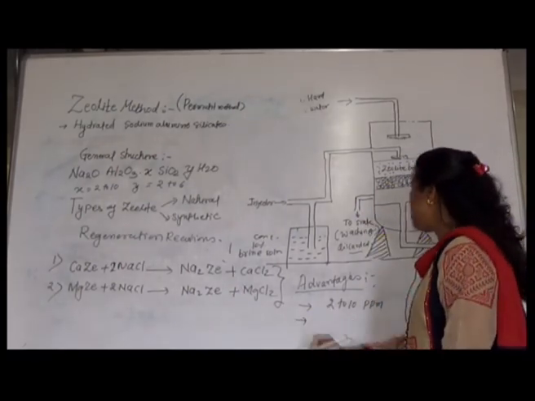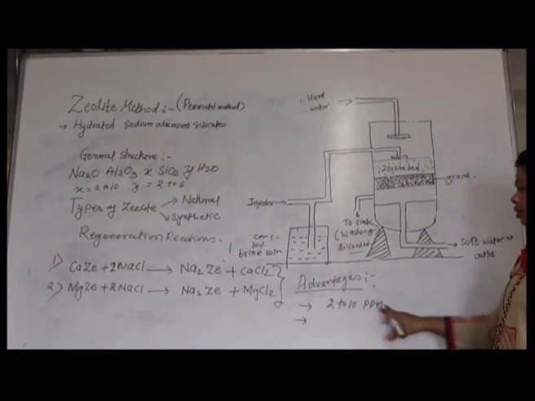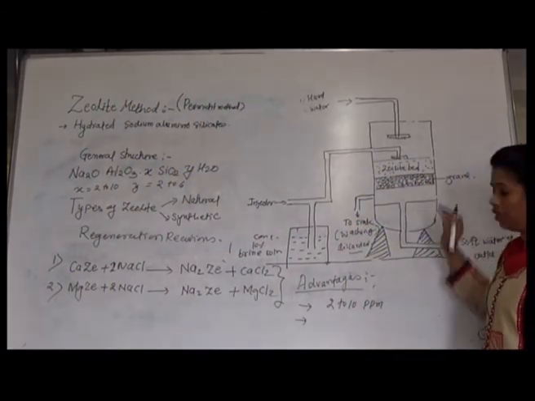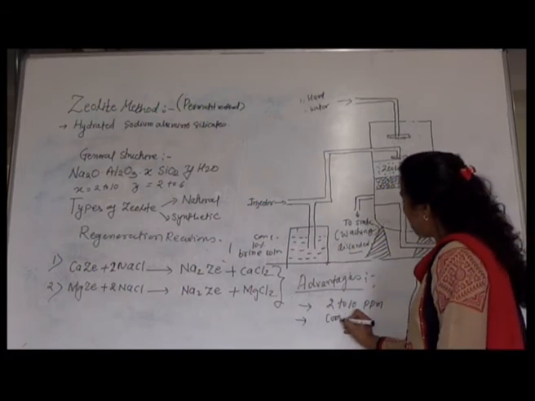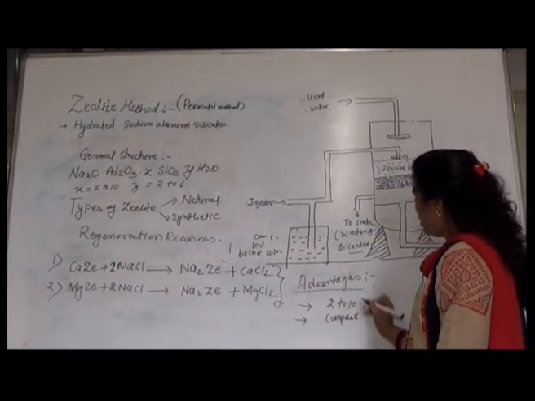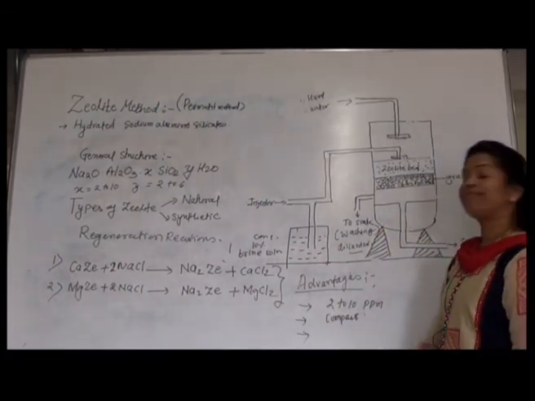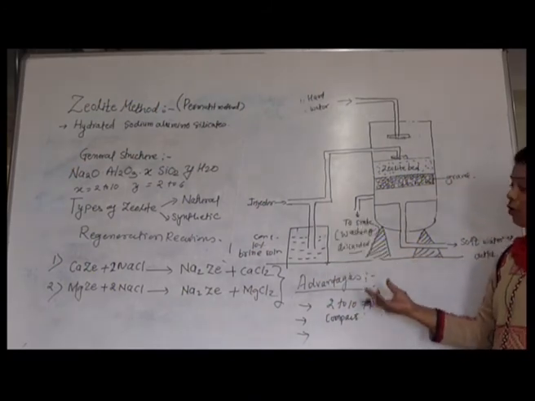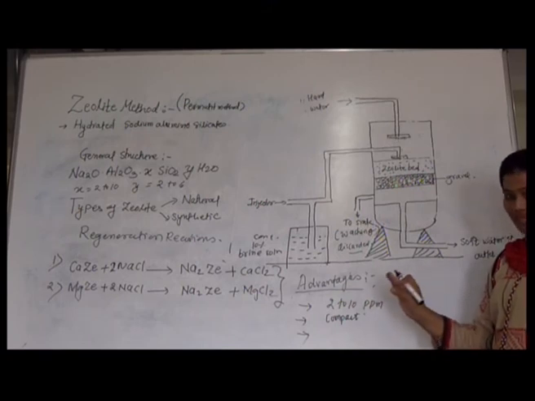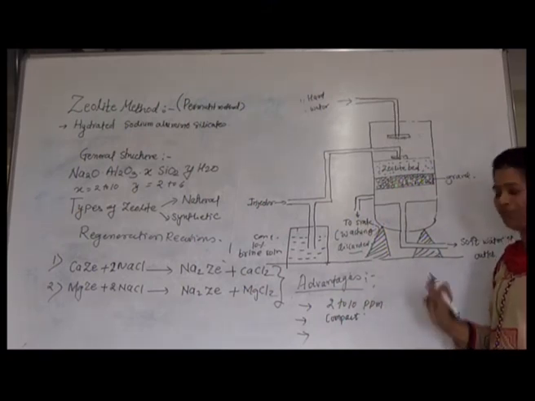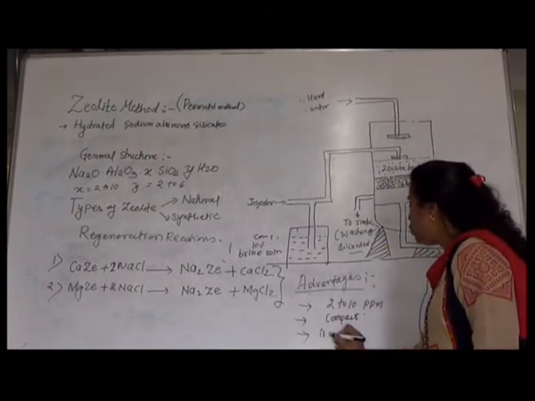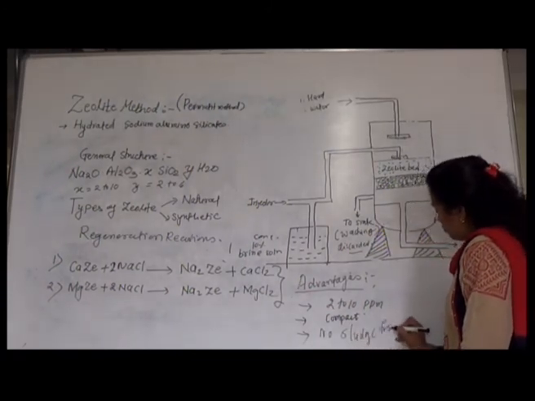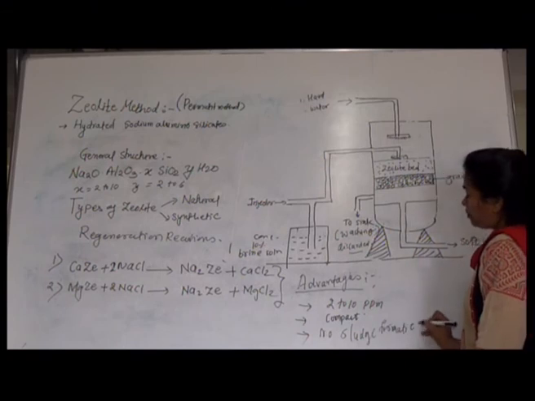The second advantage of this method is that it is compact in structure. Then we have seen the reactions and observed that there is no formation of sludge. So this is an advantage of this method. There is no sludge formation.